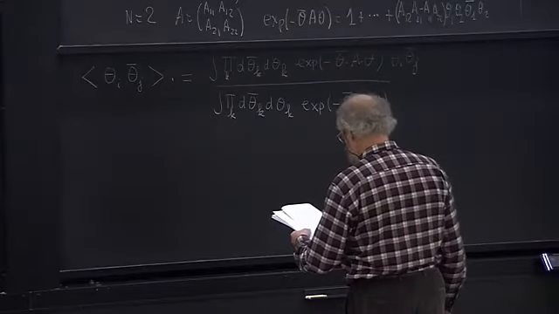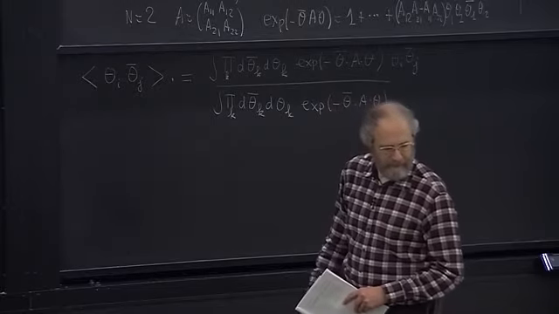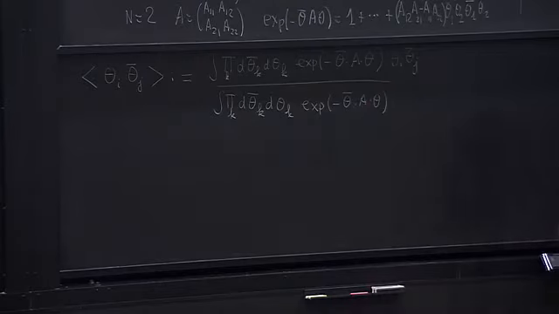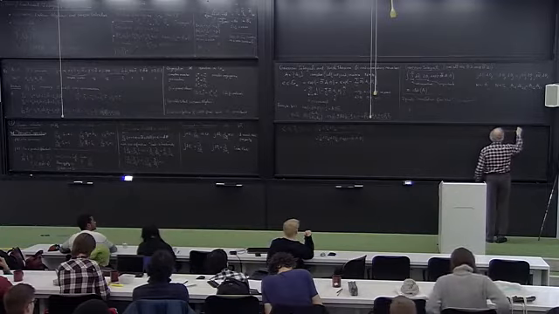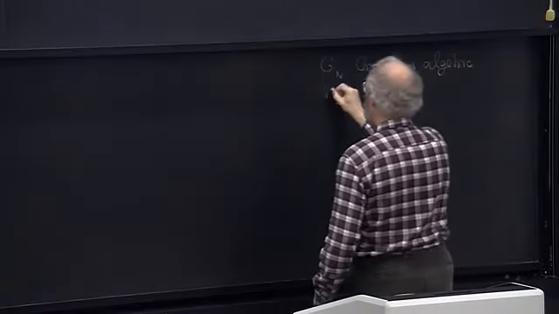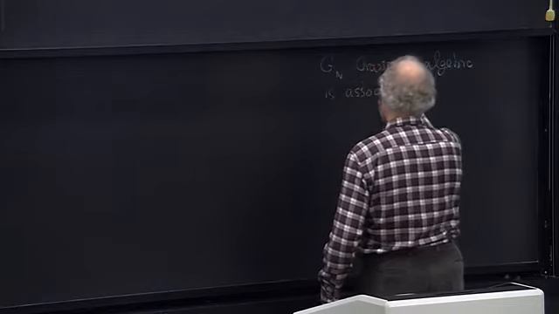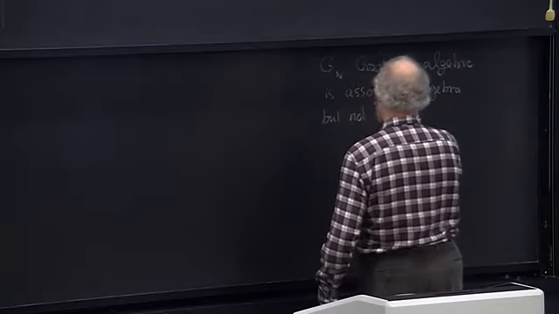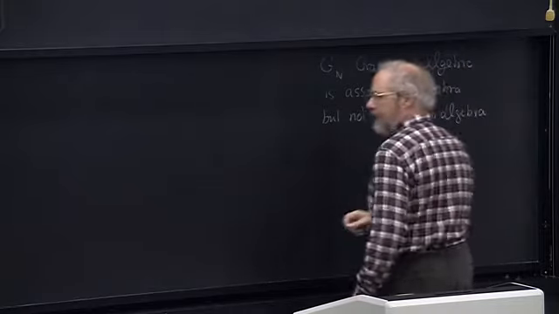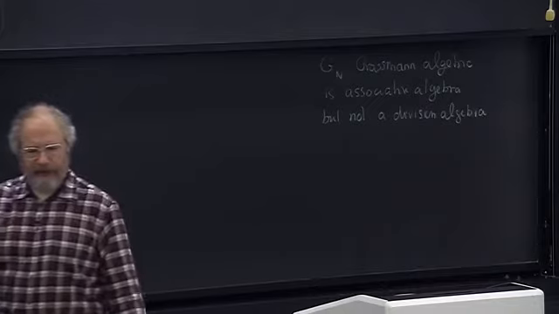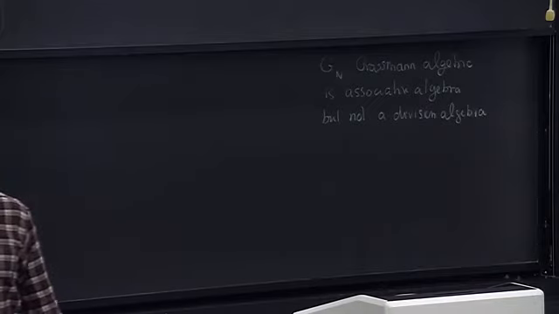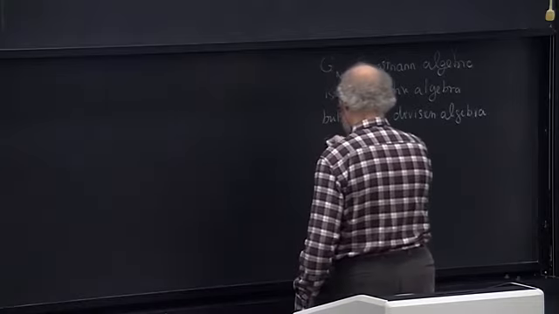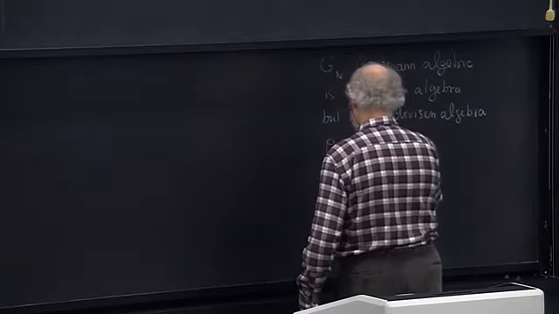Can you repeat that last thing? I repeat that the Grassmann algebra G_n is an associative algebra, but it is not what's called a division algebra. It's not an algebra with a division operation, so it's not an algebra with an inverse, because theta squared is equal to 0.